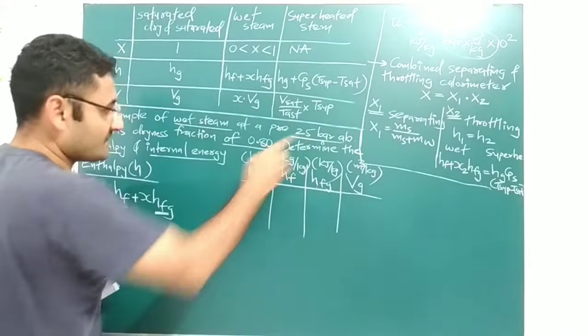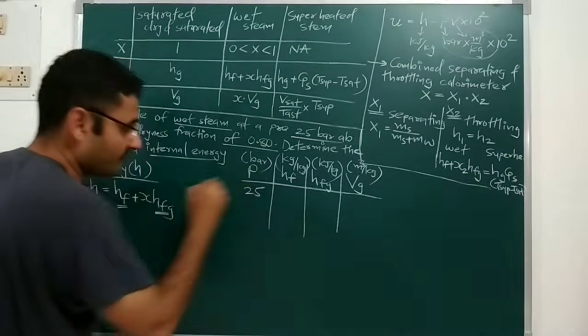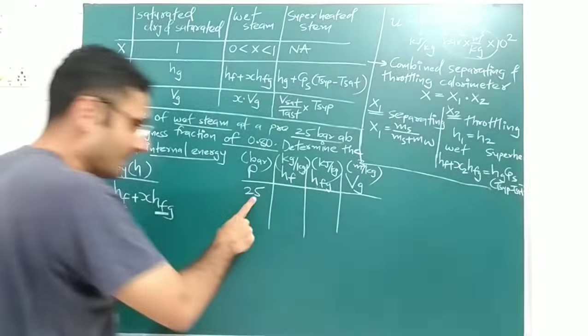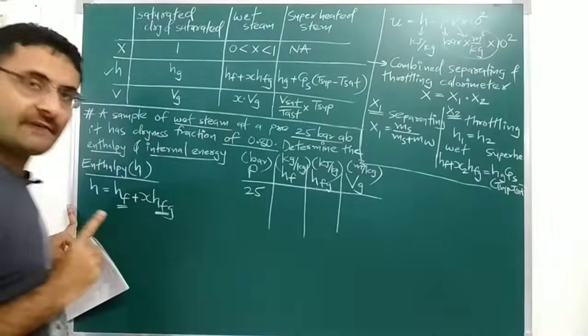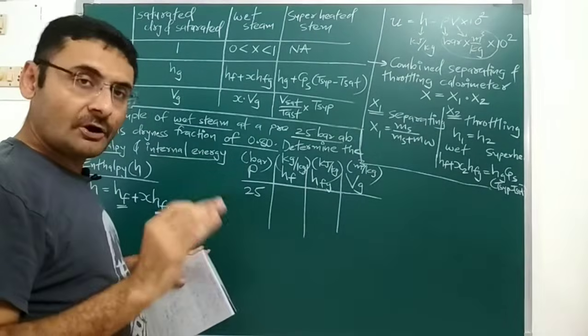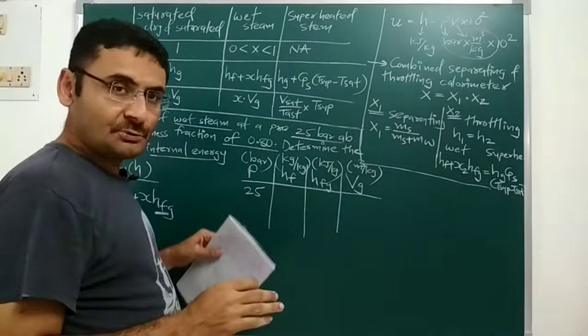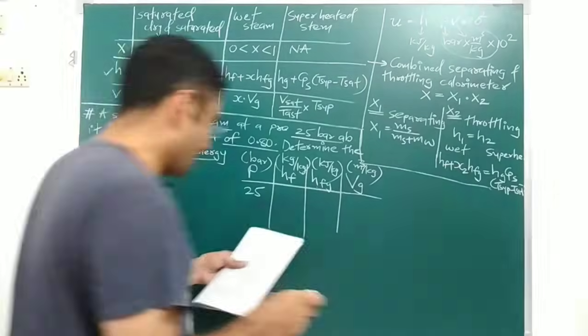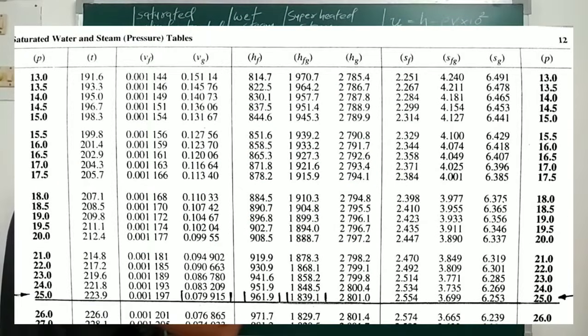Now pressure is given, 25 bar, so I will write 25 bar over here. In front of 25 bar, you have to write each and every value. So I am going to display that steam table on your screen. As you can see, in front of 25 bar the value of HF is 961.9.